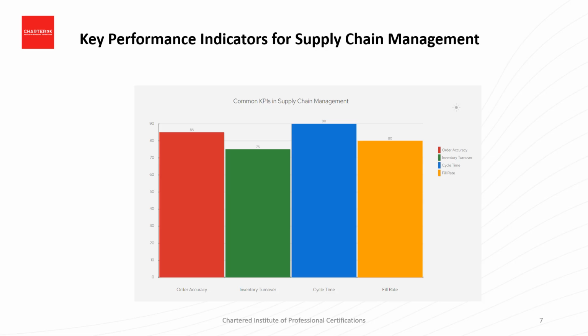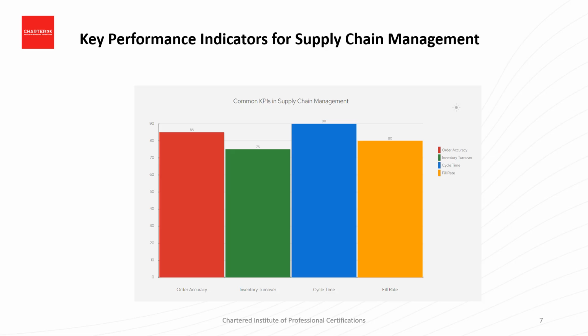A third key performance indicator is cycle time. Now, the cycle time refers to the total time from the beginning to the end of your process, as defined by you and your operations. In the context of supply chain management, it could be the time it takes to process an order from receipt to delivery to the customer.